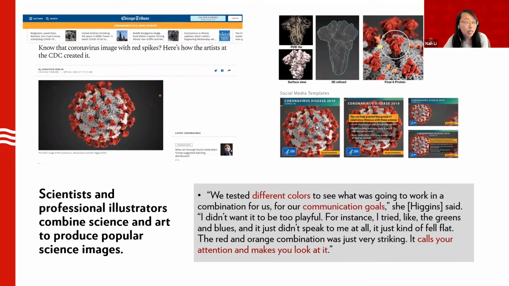And they want the image to look pretty, especially when they put it on a CDC poster, so everything is coordinated visually. So again, it's not just about science. It's not just about what scientists can see underneath their microscope. It's really about how to visually present this information in a way that resonates with your audiences, conveys your information, and achieves the goal that you have as a communicator.